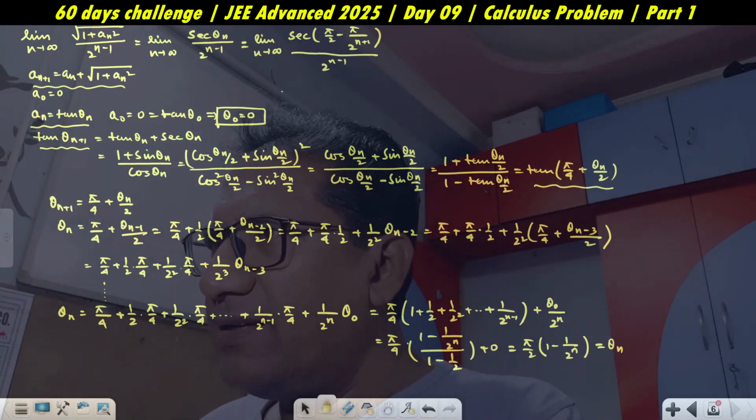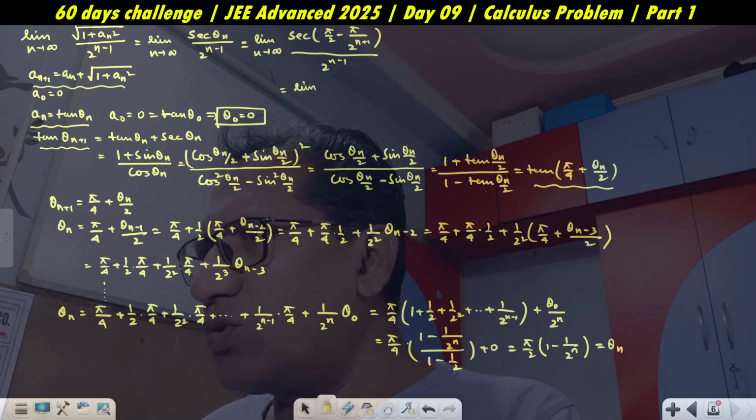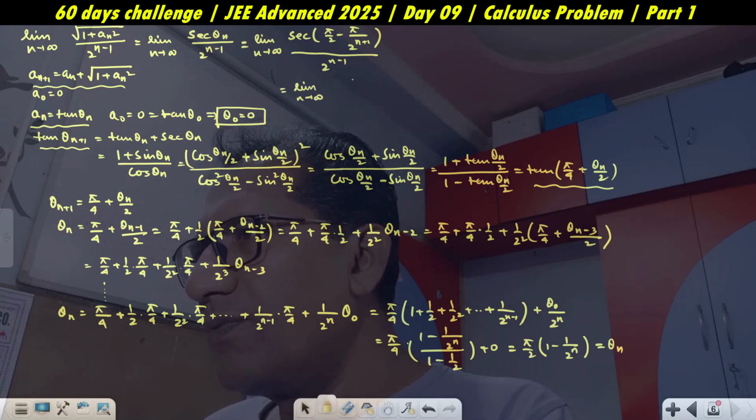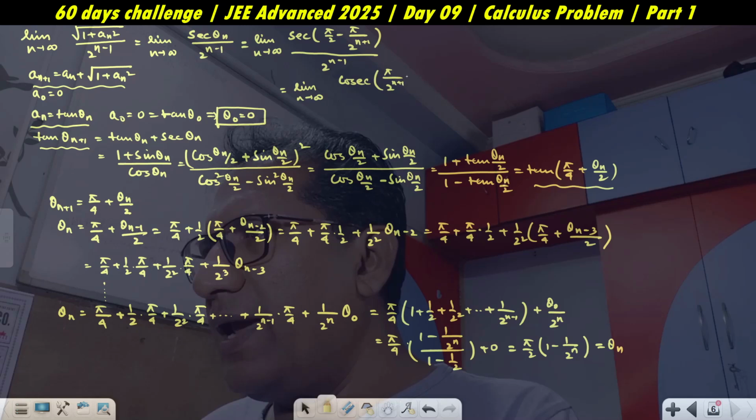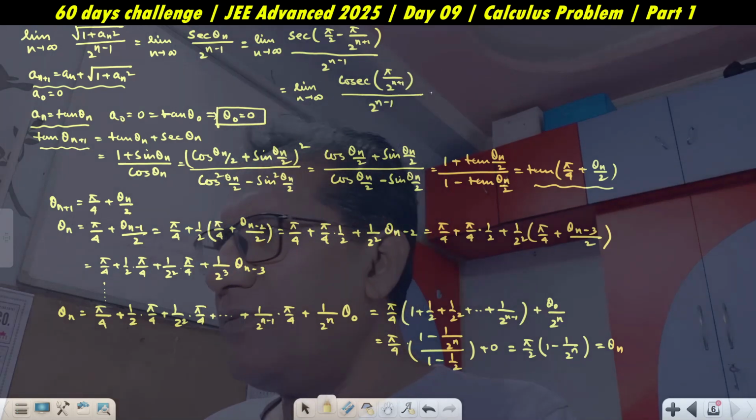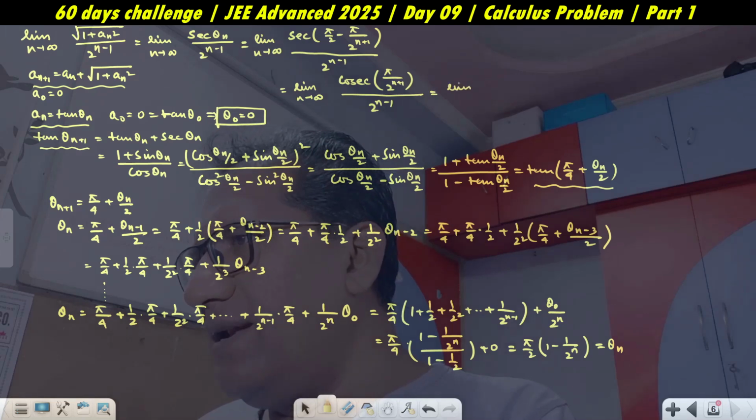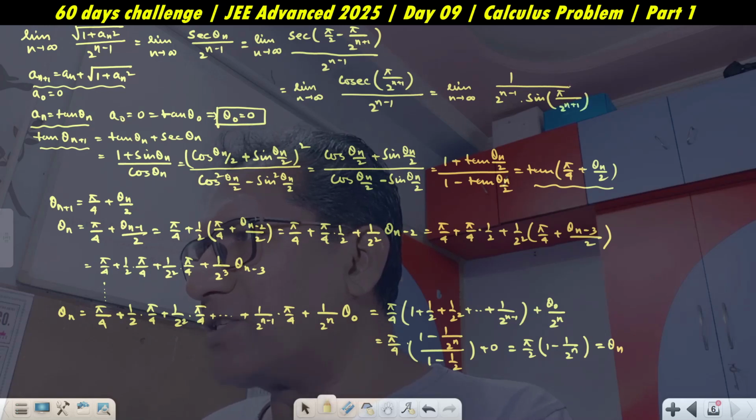Now sec 90 minus theta will give us cosec theta. So this is cosec pi over 2 to the power n plus 1 divided by 2 to the power n minus 1. So from here we can write limit n tends to infinity 1 over sine pi over 2 to the power n plus 1.